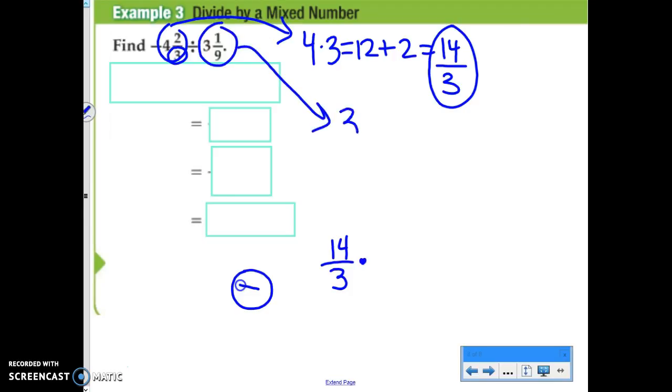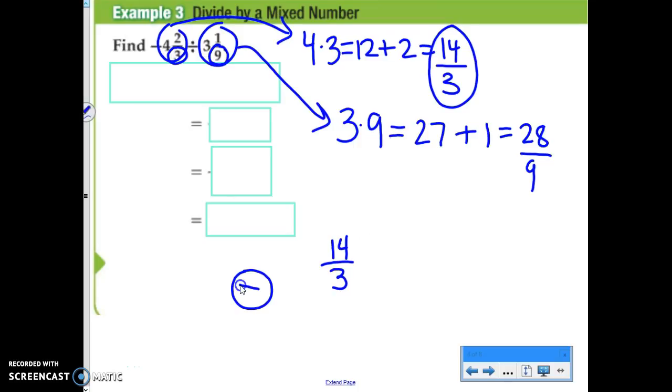So I know that I take 3, which is my whole, and I multiply it by 9, which is my denominator, to give me 27, and I have to add the numerator to that product. So 27 plus 1 is going to give me 28, and again, this denominator stays the same, okay? And actually, let's just write this back out like this.